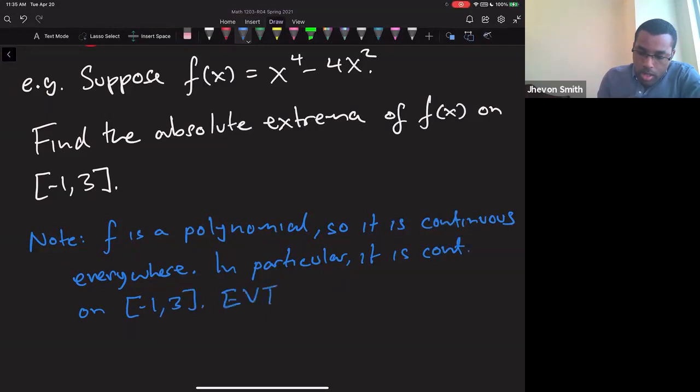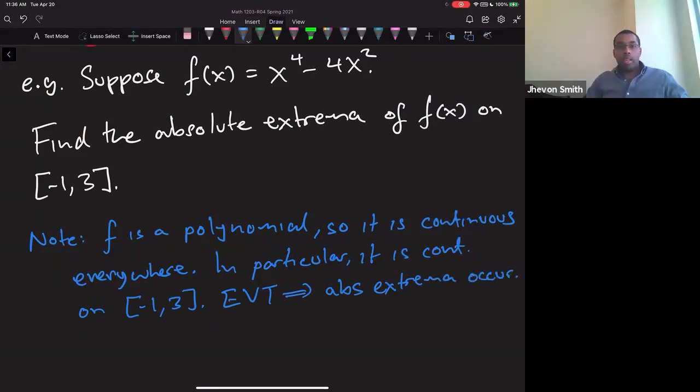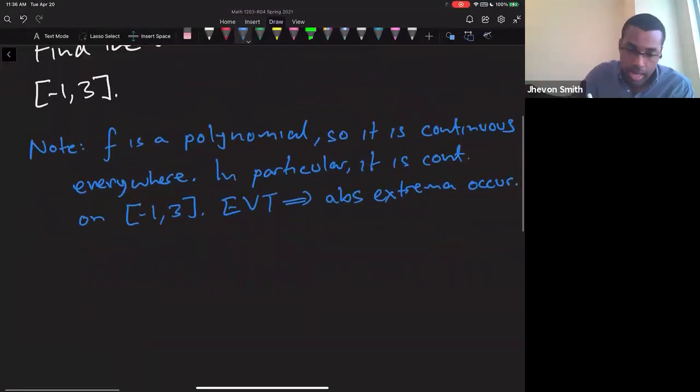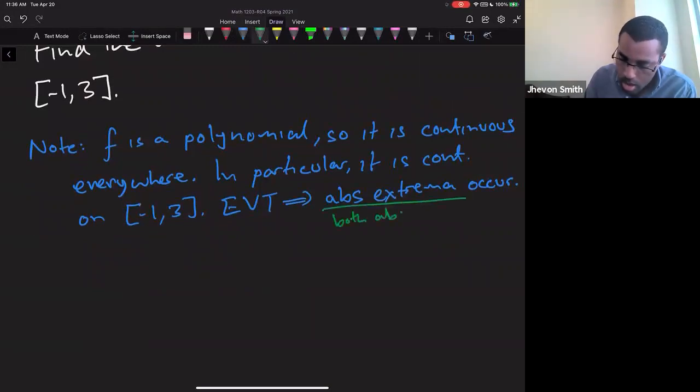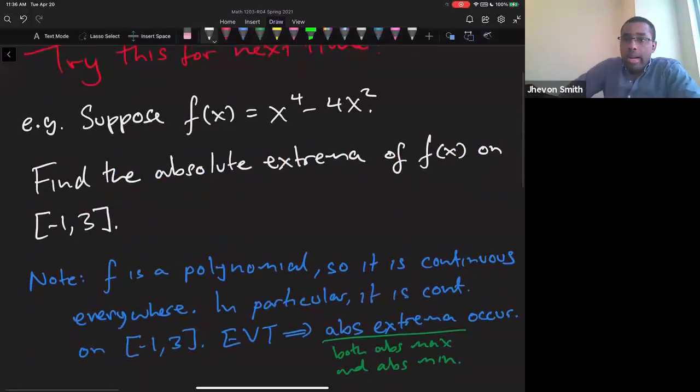So the EVT tells us that absolute extrema occur, and by that I mean both absolute max and min. That's going to be guaranteed to happen. Now, how do we actually go about finding these? We use what's called the closed interval method.